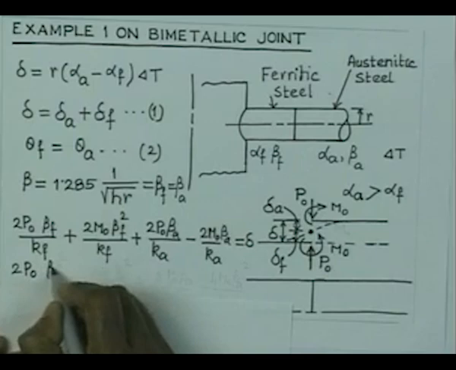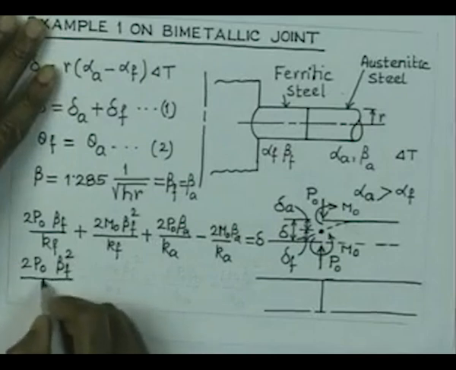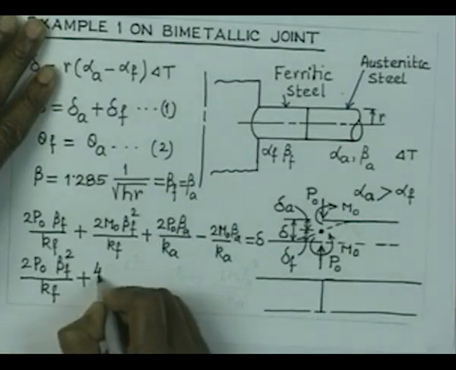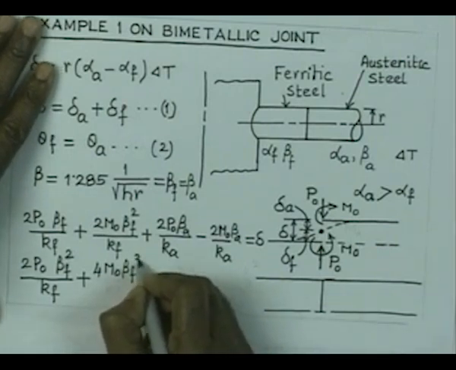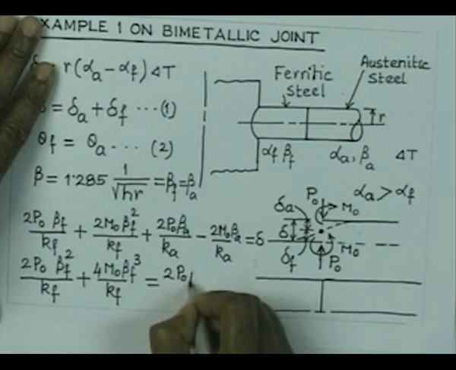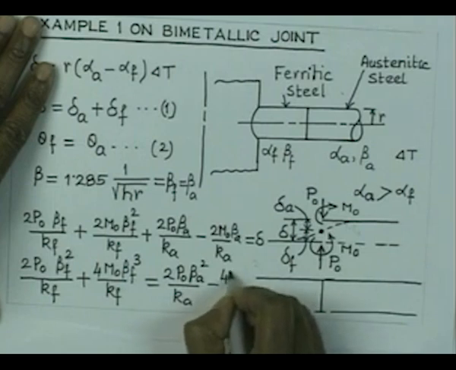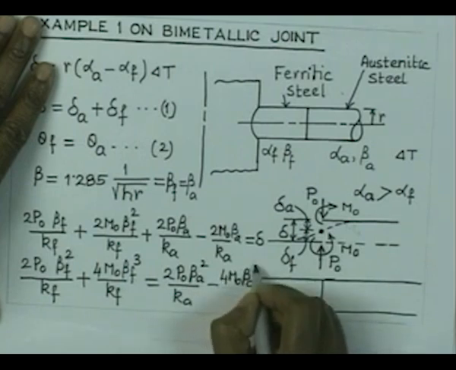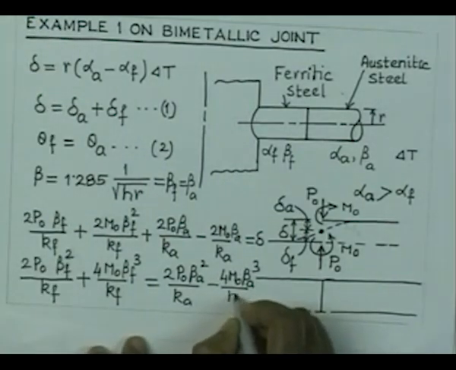Similarly, if I consider the slope produced by P0 and M0, it is nothing but twice P0 beta F square by Kf plus 4 M0 beta F cube by Kf is equal to twice P0 beta A square by Ka minus 4 M0 beta A cube by Ka.